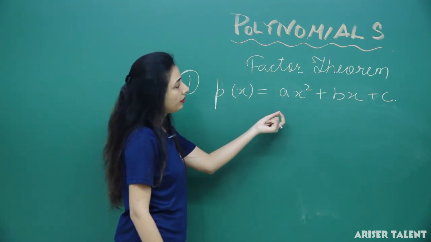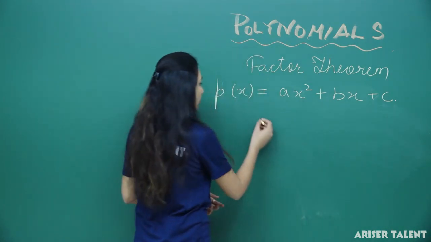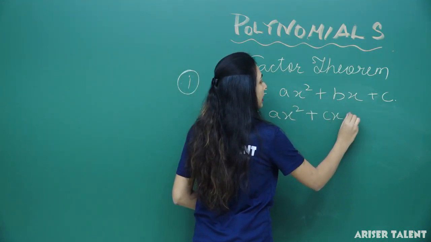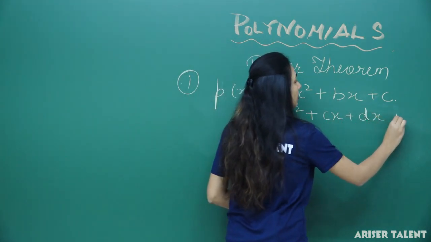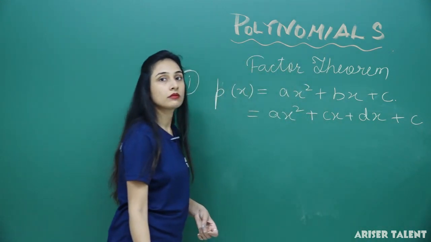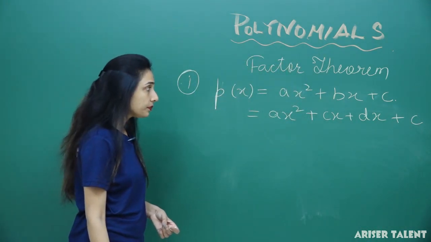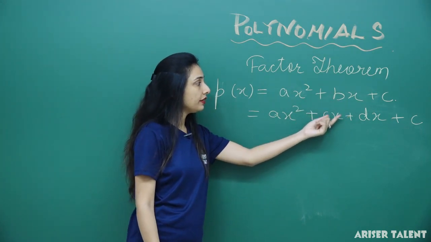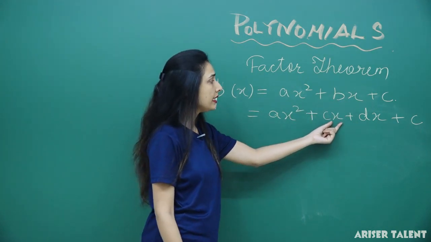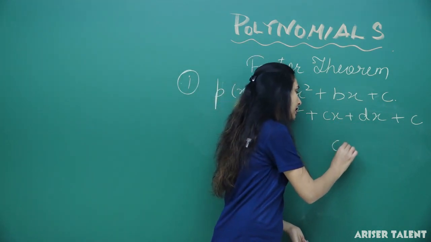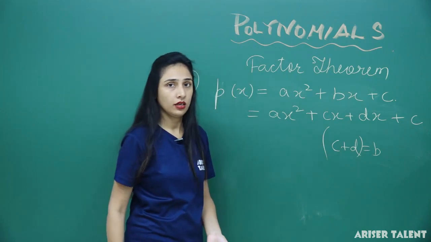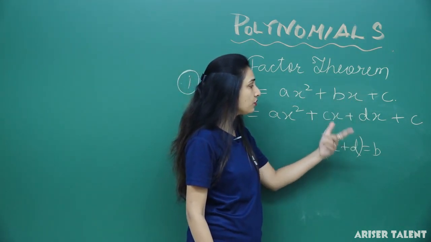We can bifurcate this bx like cx plus dx. Understood? What I have done is bifurcated this bx, written bx equals cx plus dx. Here c plus d is equal to b, right? c plus d is equal to b.